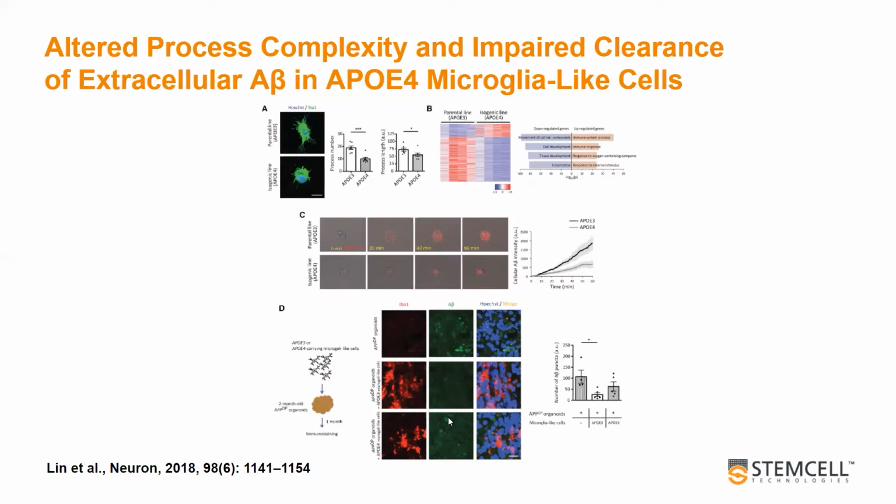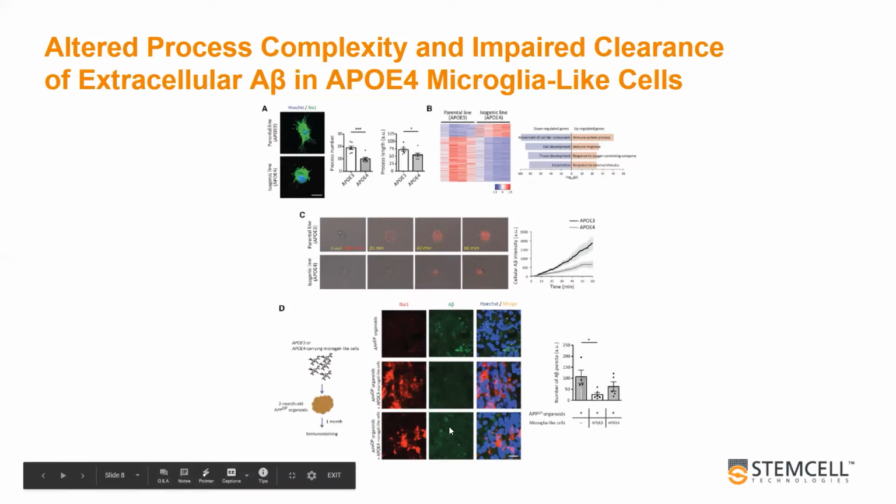However, the mutant organoids co-cultured with microglia-like cells carrying ApoE4 exhibited more extracellular A-beta aggregates than those co-cultured with ApoE3 cells.